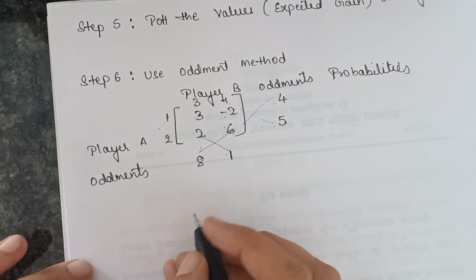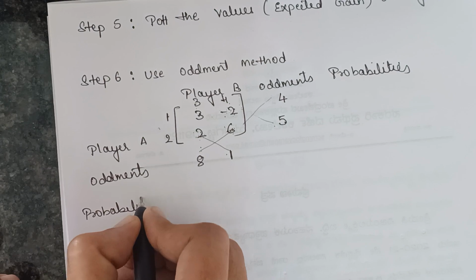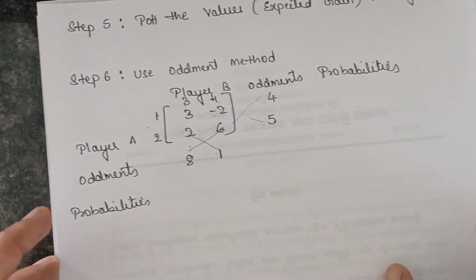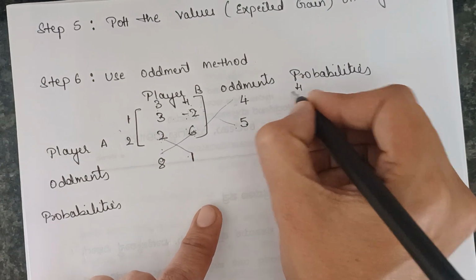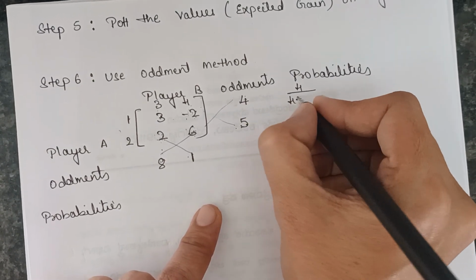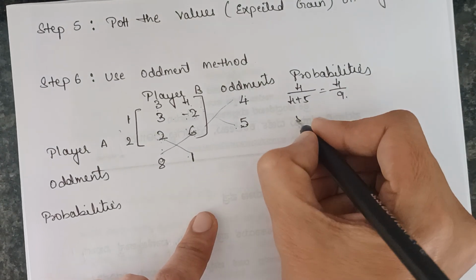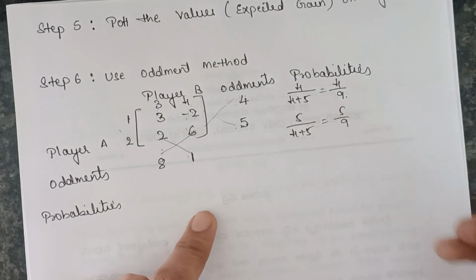So probabilities for player A and probability for player B. So how to find out probability? First 4. 4 divided by 4 plus 5 will give us 4 by 9. Then 5 divided by 4 plus 5 gives us 5 by 9.